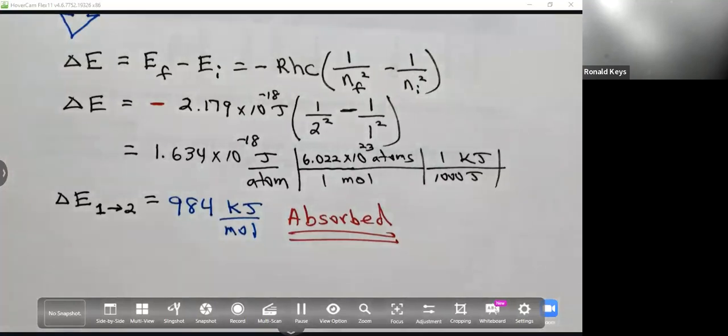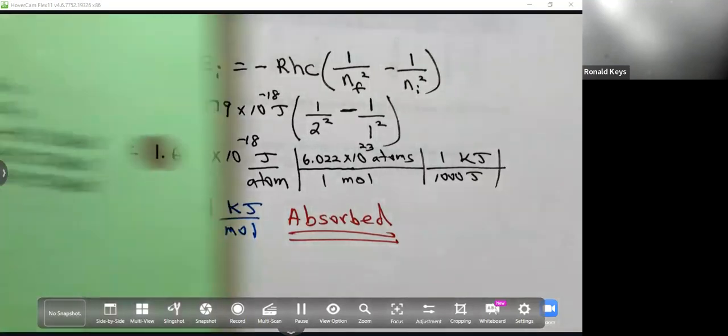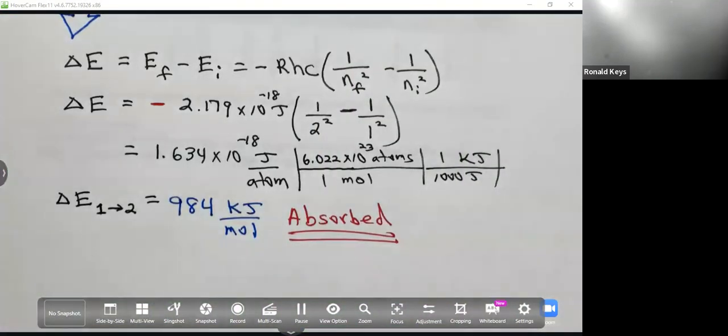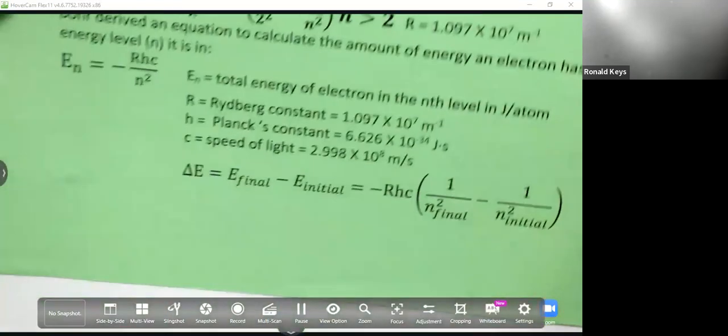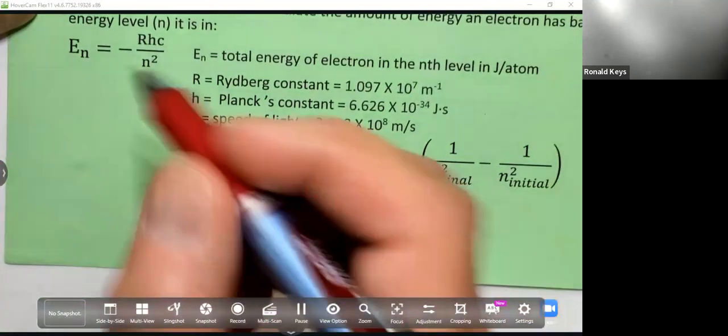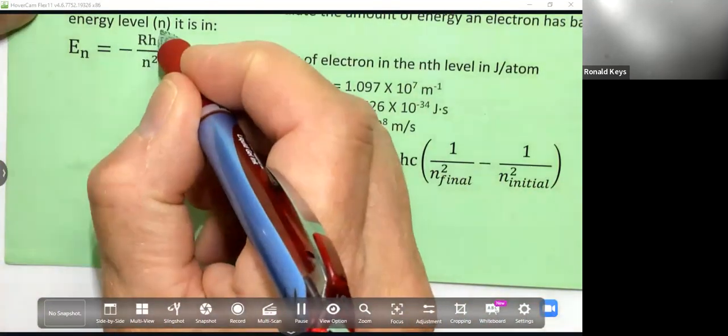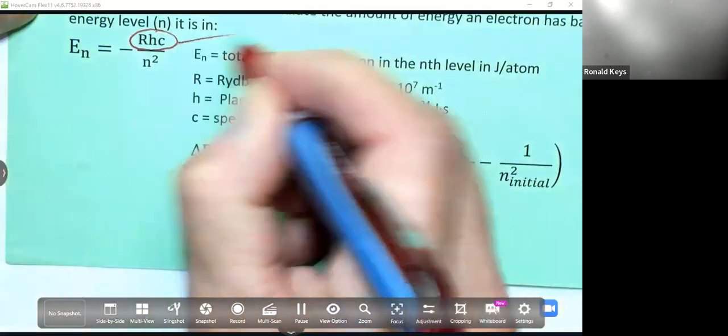Now remember on that green sheet, I think, let's see. So grab the green sheet. RHC value.